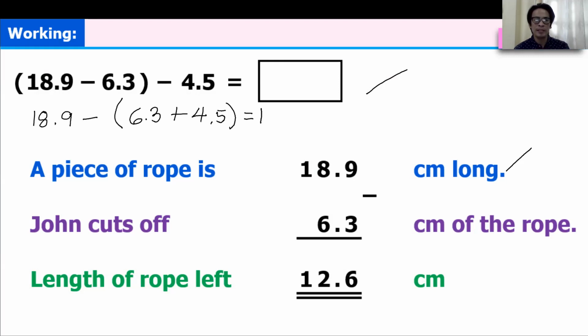Do you think this is also correct? Yes, teacher. Correct. So I use the second. Very good. So it's up to you as long as we get the same final answer, right?